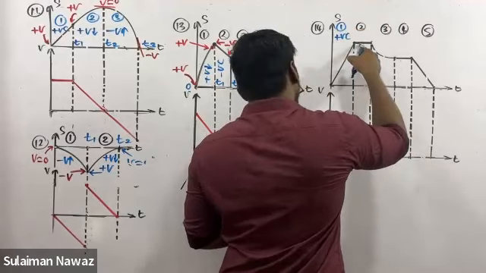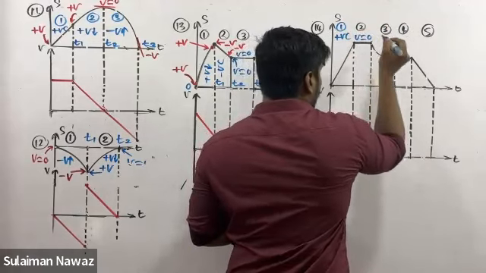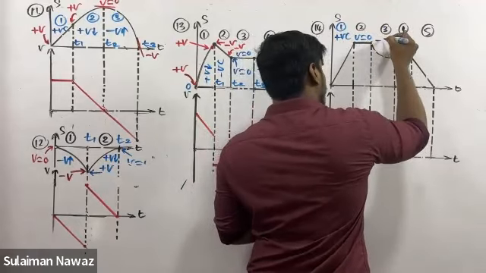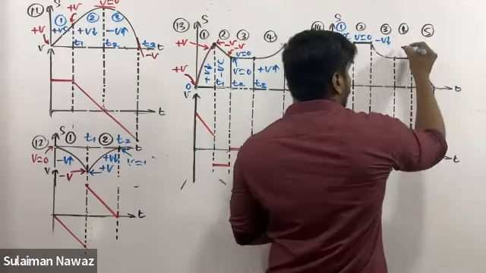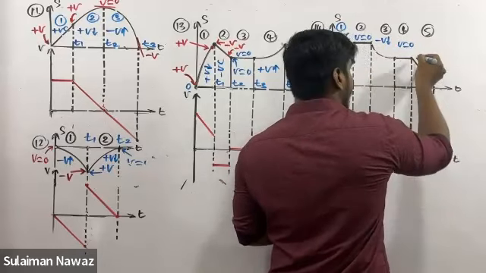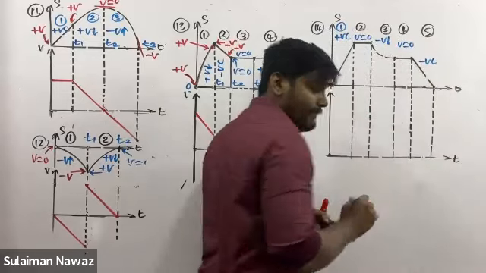Second graph, gradient is 0, angle is 0, velocity is 0. Third graph, obtuse angle is increasing. Obtuse angle increasing means negative velocity decreasing. Fourth graph, velocity again 0. Fifth graph, what's happening? Negative velocity constant because obtuse angle constant.